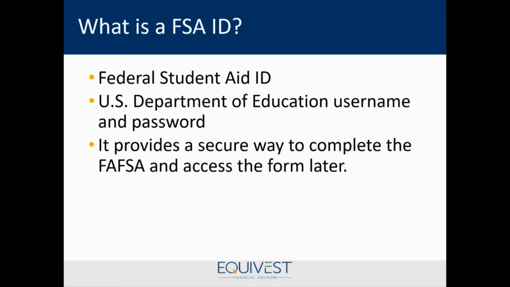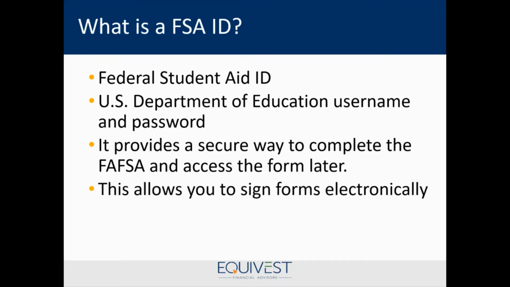High school seniors and their parents are going to have to complete the FAFSA for the first time in fall of senior year. In addition to being required for you to complete the FAFSA application, your FSA ID allows you to sign certain forms electronically, access personal records, and take out certain student loans. So it's a very important piece of information for both students and parents.